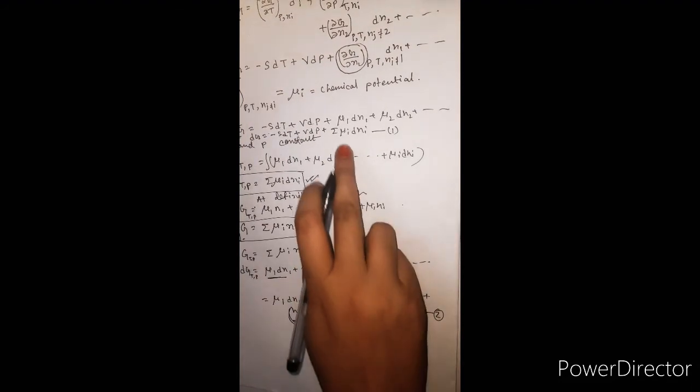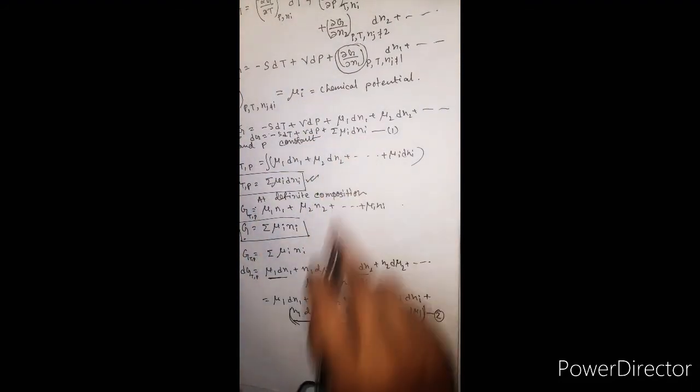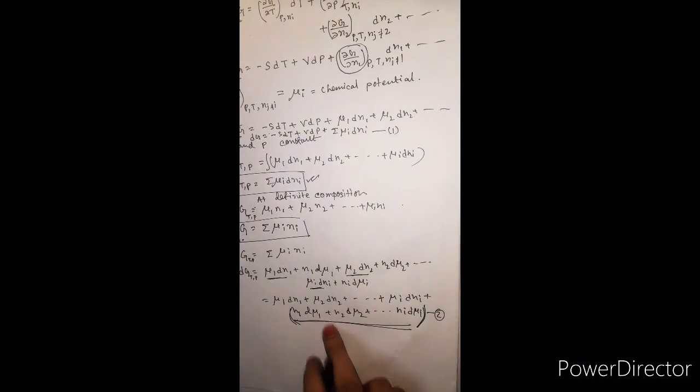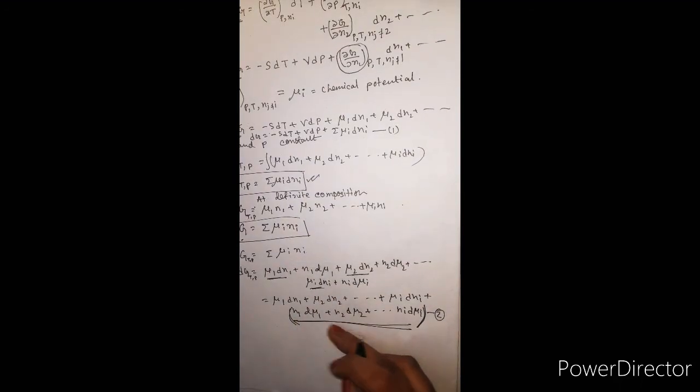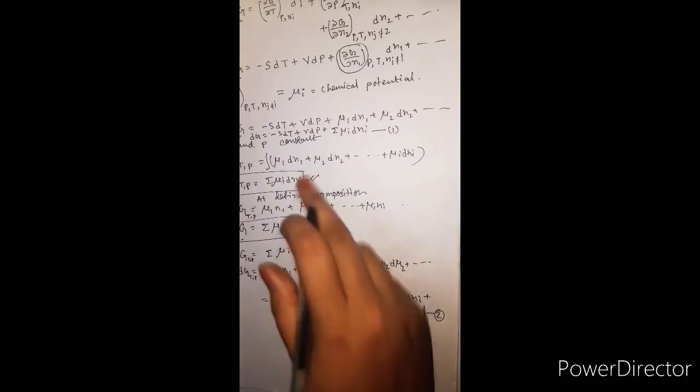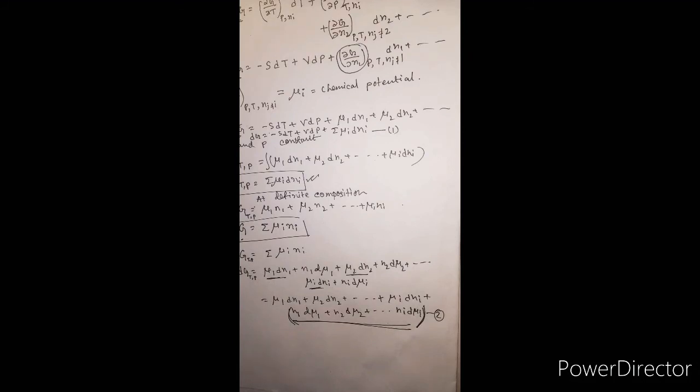These two equations are the same because these two are equations for dG. So by comparing these two equations, you can see this equation 2 is valid only when this second part is equal to 0.